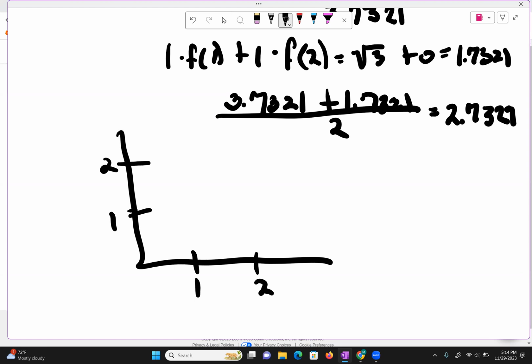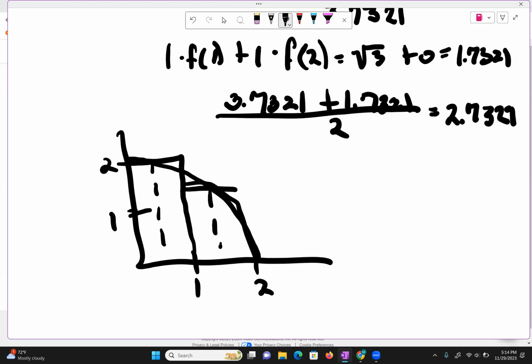And again, this is a decreasing value here. Obviously there's a trapezoid here, and there is another value here. So we'll take the midpoint, right in the middle, and take the heights.